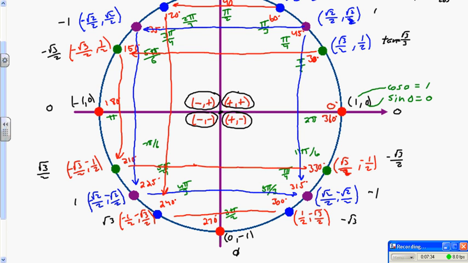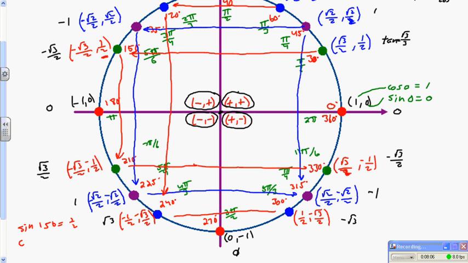So the power of the unit circle is to memorize a lot of information in a visual way so that you can find out what trig function values are without a calculator, and they give you the exact values. So if I asked you what is the sine of 150 degrees, at 150, sine is right here, so it's equal to 1/2, and you can check that on your calculators.